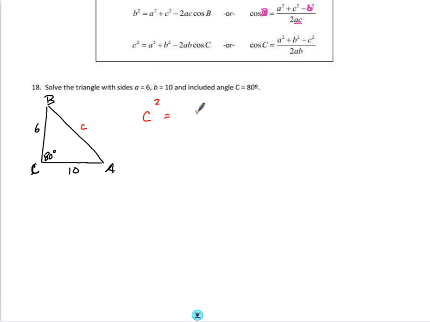So c squared is equal to a squared plus b squared minus 2 times ab times the cosine of C. A I know is 6. B I know is 10.